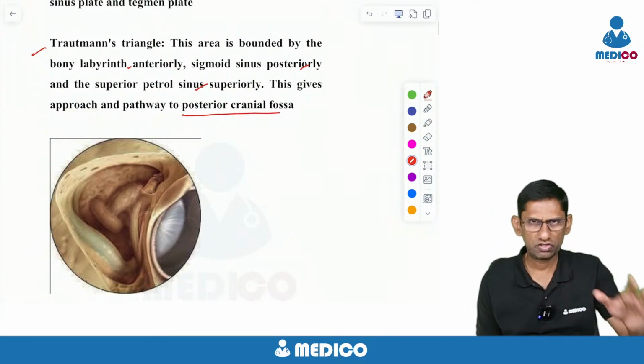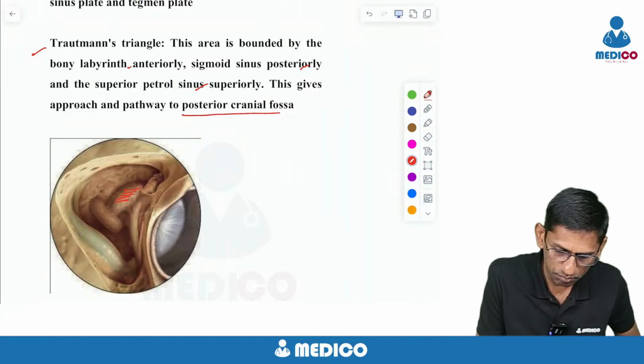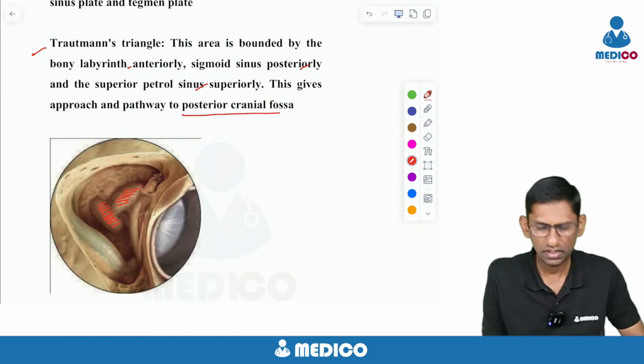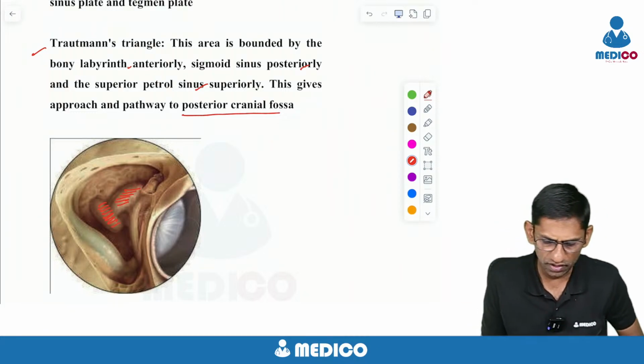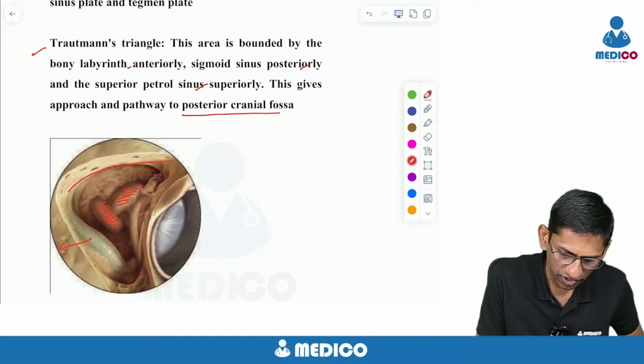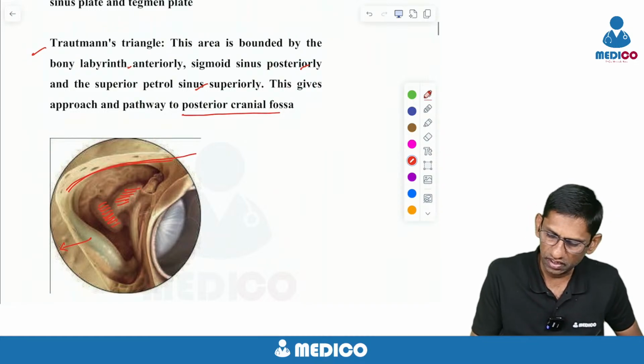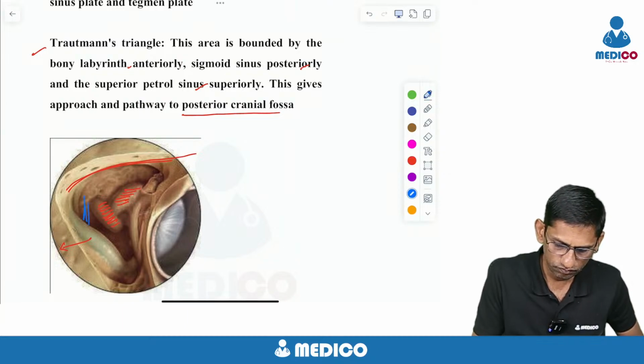After opening the mastoid, cortical mastoidectomy, we have the bony labyrinth anteriorly, that is the semicircular canals, and posteriorly we know the sigmoid sinus is present, and superiorly the superior petrosal sinus will be there, and this area is called Trautmann's triangle.